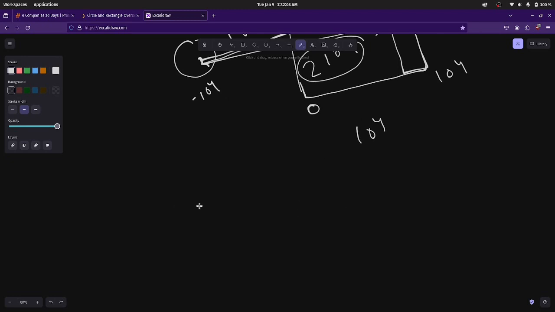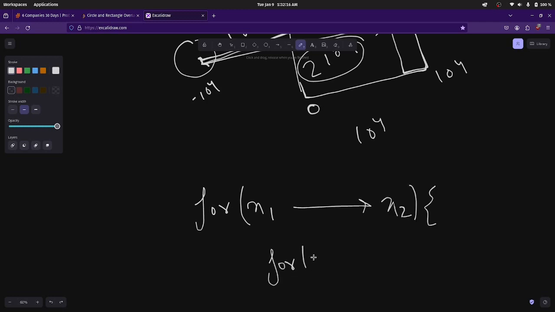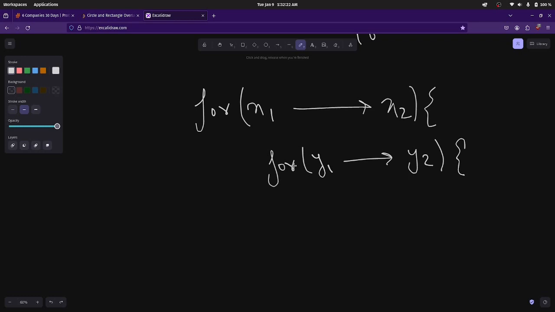The n square solution is nothing but, let's say we check for all the points between x1 to x2, and then we check for all the points between y1 to y2. If we're checking all these points, it's like a matrix. Let's say the rectangle is nothing but a matrix, and each block is a point.